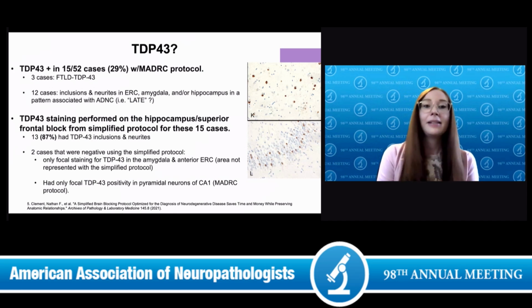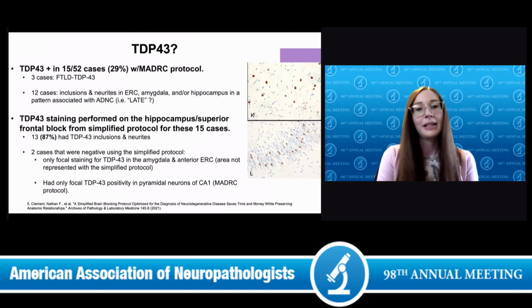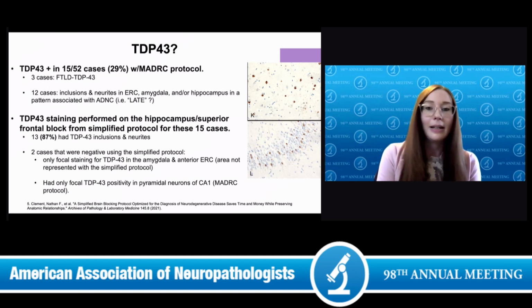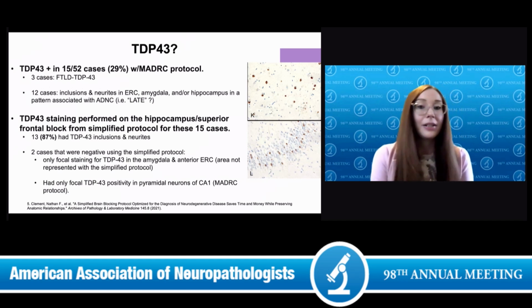And of the 2 cases that were negative, one of them did not have the amygdala or anterior entorhinal cortex available due to this not being represented in the simplified protocol. And this was one of the earliest stages that was included.